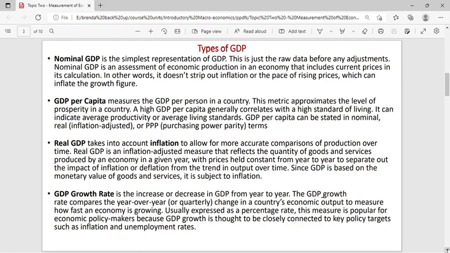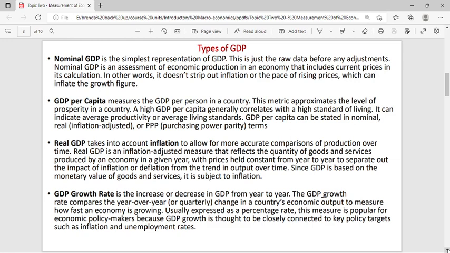On the other hand, we have what we call the real GDP, which actually takes into account inflation. So here we usually base our calculations in comparison to production over a period of time. We have a base year and then compare that GDP with the current year.